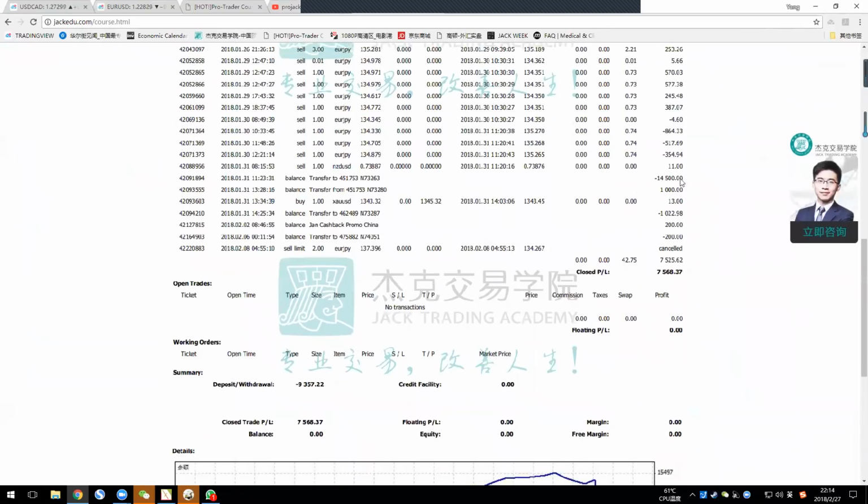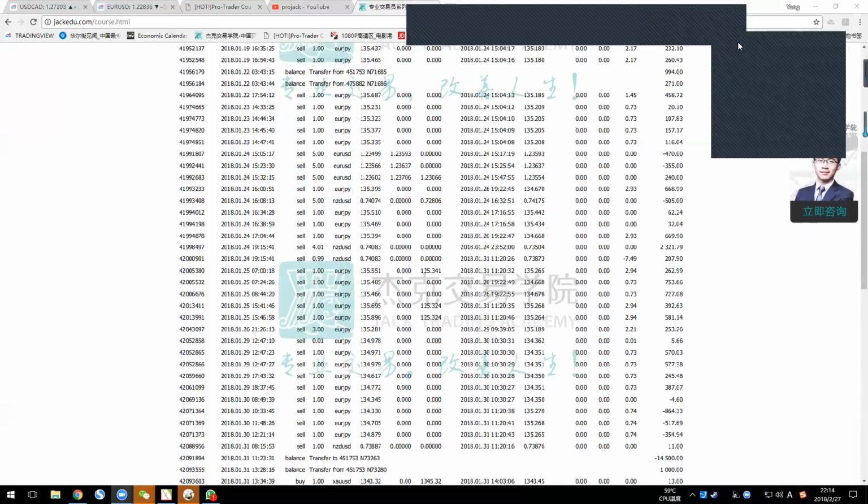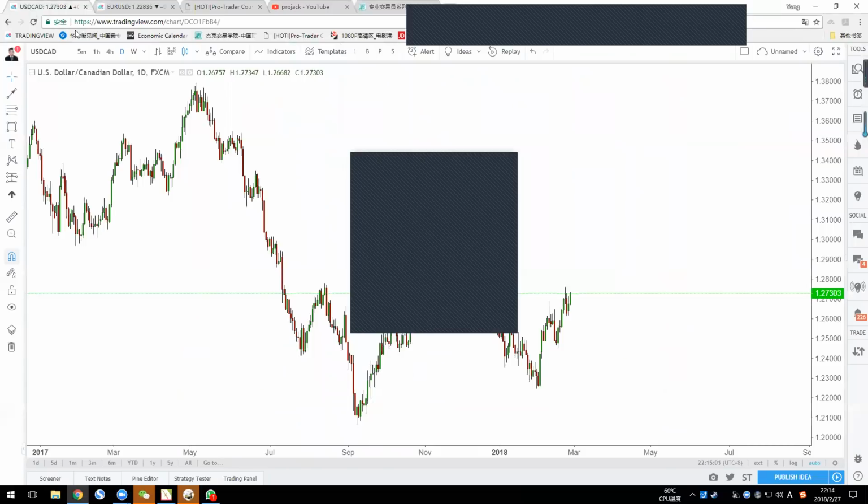You can see here there's a withdrawal of 15,000. This is all real. I'm not just giving you ideas that we can short or buy. I really trade. So this is a very real example of how I apply my strategy in the real world.